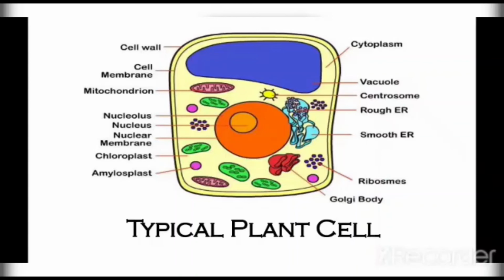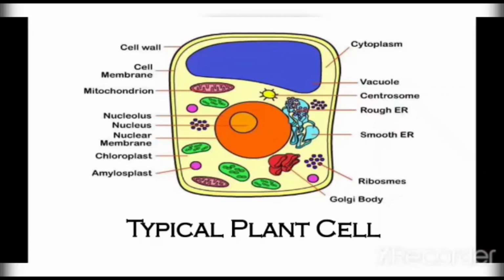We can name the parts of the typical plant cell: cell wall, cell membrane, mitochondria, nucleus, nuclear envelope, nucleolus, chloroplasts, Golgi bodies, ribosomes, smooth endoplasmic reticulum, rough endoplasmic reticulum, vacuole, and cytoplasm, which can be studied in our syllabus.